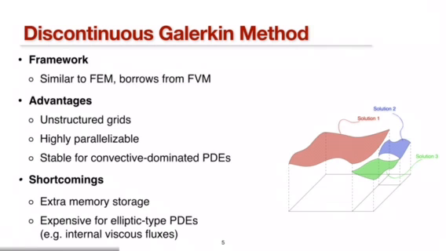It is highly parallelizable due to its compact nature, and it is very stable for convective-dominated PDEs, such as the Euler equations. Some of its shortcomings, however, are the obvious extra memory storage requirements, and it is relatively expensive for elliptic-type PDEs. For example, when evaluating the internal viscous fluxes on an element.